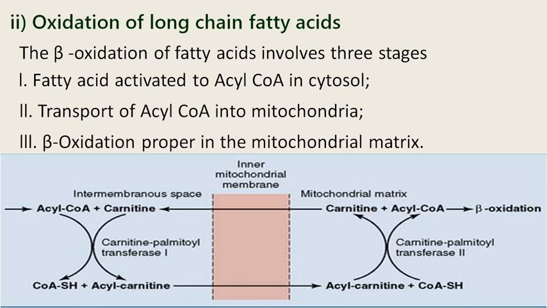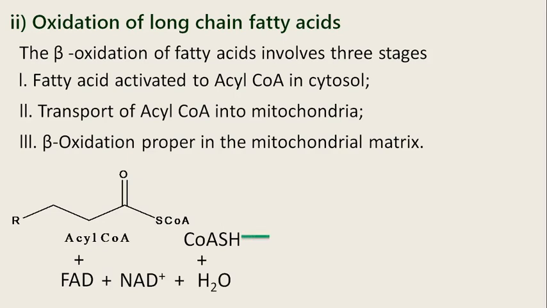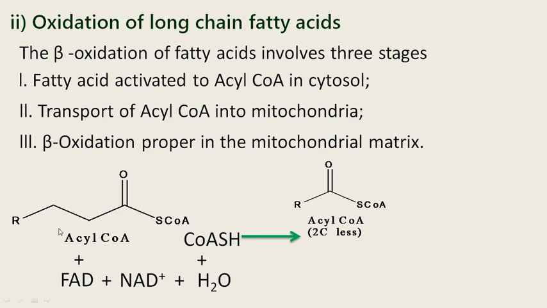And in third step, beta oxidation proper occurs in the mitochondrial matrix, where acetyl coenzyme A is produced from beta oxidation of fatty acids. Here acyl coenzyme A reacts with FAD, NAD+, water and coenzyme A, and produces acyl coenzyme A, which is 2 carbon less in comparison to the previous acyl coenzyme A. Here you can see 1 carbon, 2 carbon, 3 carbon.